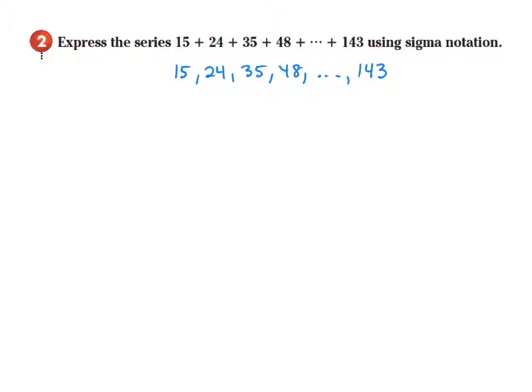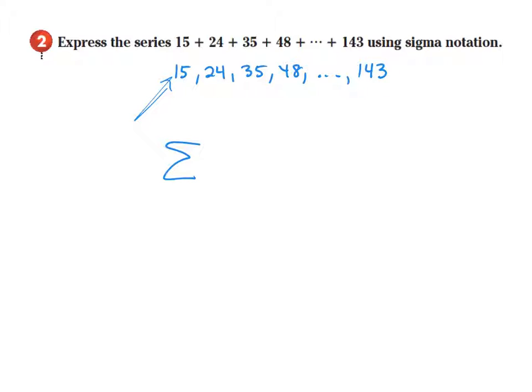I need to figure out some sort of equation that I could plug a value into in order to get these numbers. So, for example, what's going on each time? Do we see any sort of pattern?